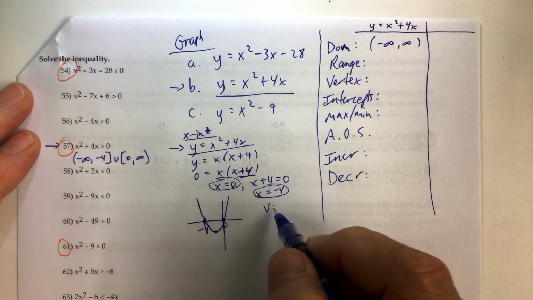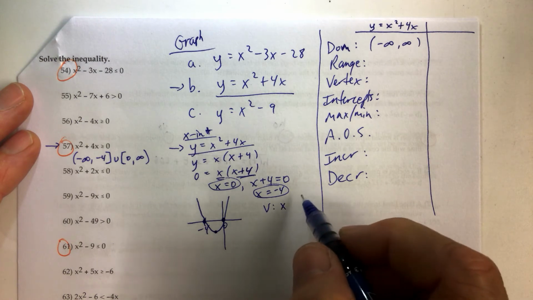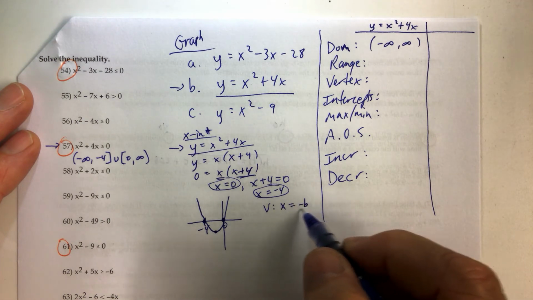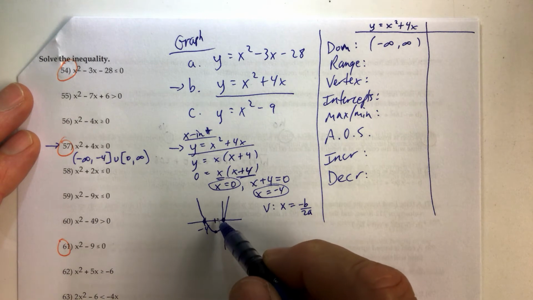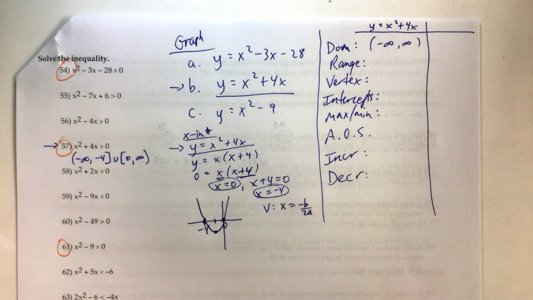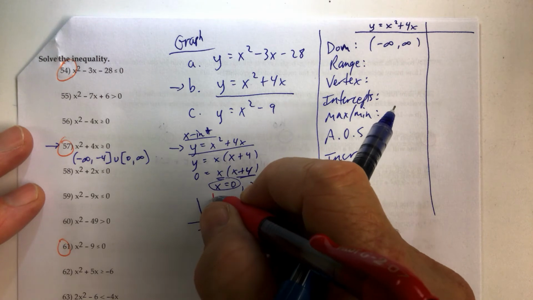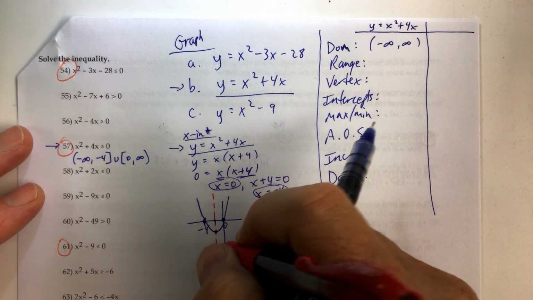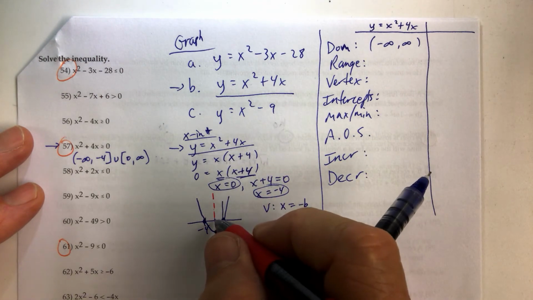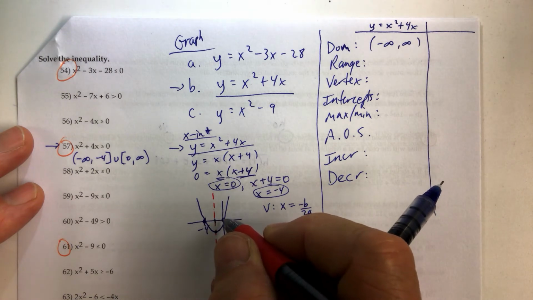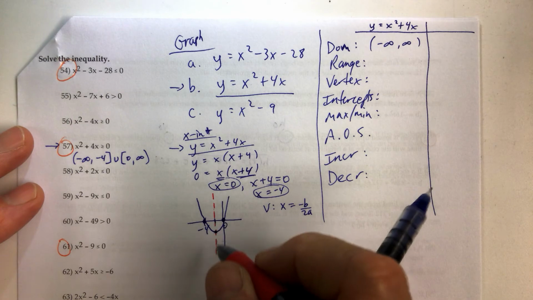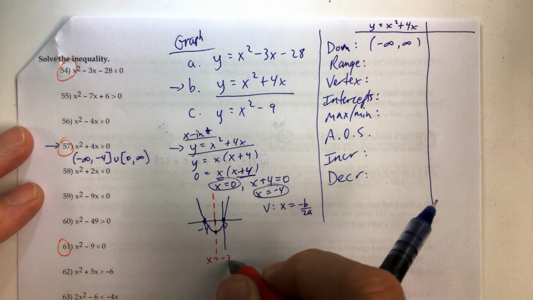The vertex, we would use x equals negative b over 2a. And we could also realize that the axis of symmetry, let's do it this way, to gain a little bit more understanding. The axis of symmetry will always be in between the x-intercepts. And if the x-intercepts are at 0 and negative 4, then the axis of symmetry would be x equals negative 2.